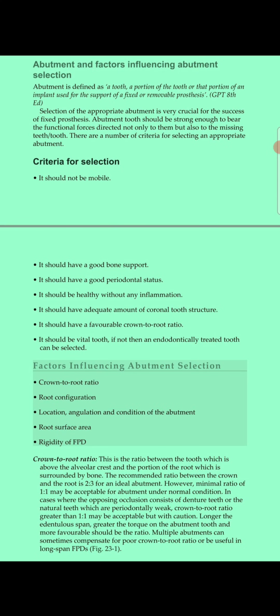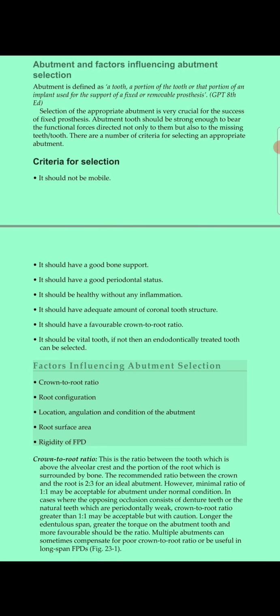The minimal acceptable is 1:1, but the recommended is 2:3, that is 2 parts of crown and 3 parts of root. It should be a vital tooth. First, it should be vital. If the tooth is not vital, it should be endodontically treated.